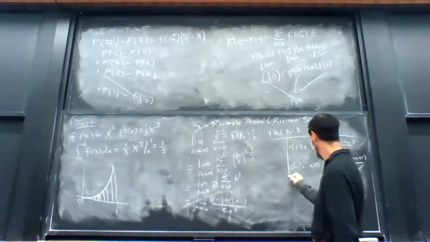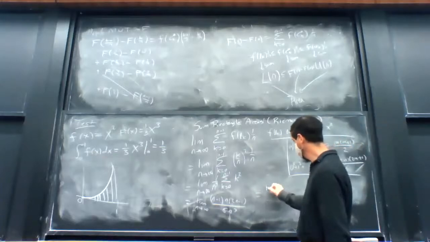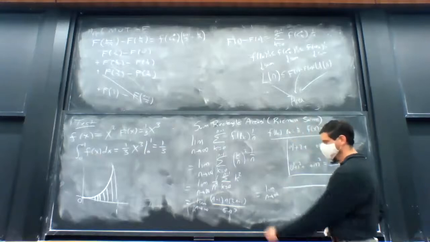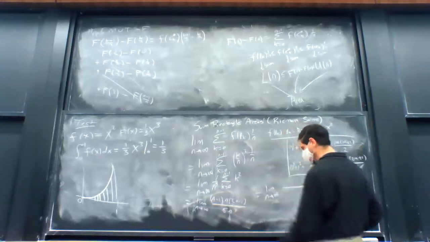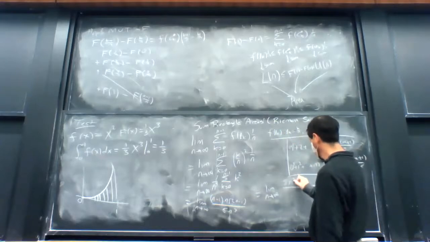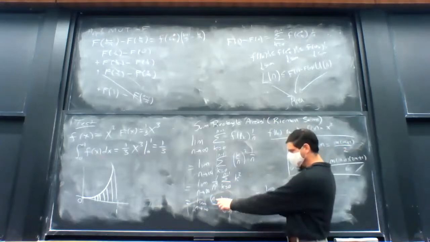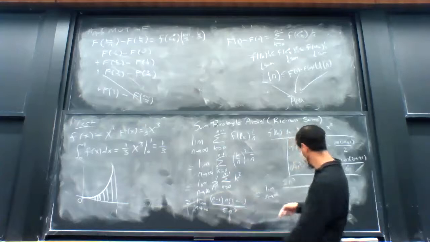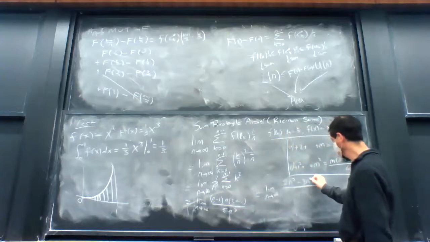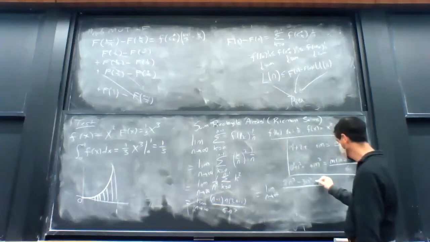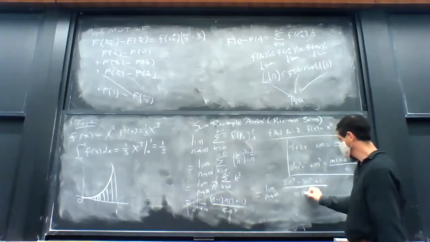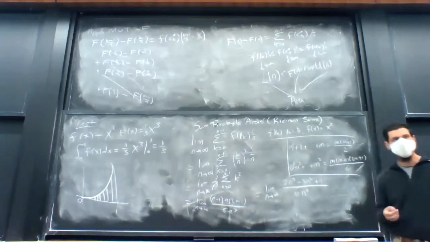Well, this is the same as the limit as n goes to infinity. Let's multiply things out in the numerator. n minus 1 times 2n will be a 2n squared, times n will be a 2n cubed. We'll have a minus 2n and a minus n, so it's a minus 3n times n, a minus 3n squared. And then minus 1 times minus 1 is plus 1, times n is plus n, over 6n cubed. Well, it's really nice. There's only one term in the denominator.